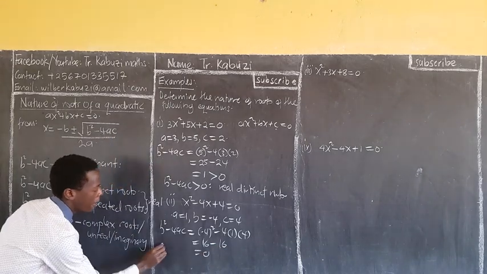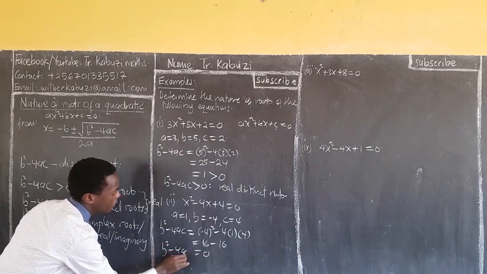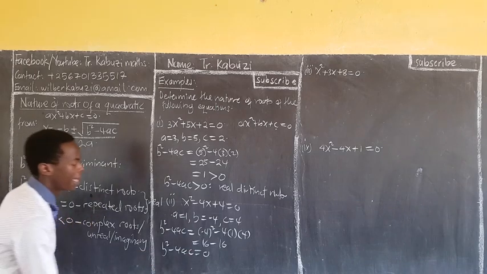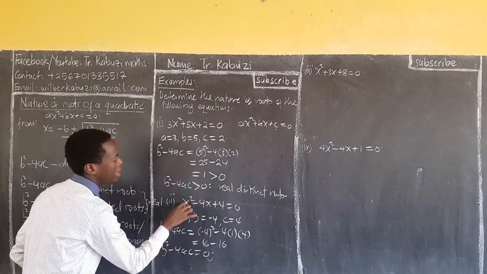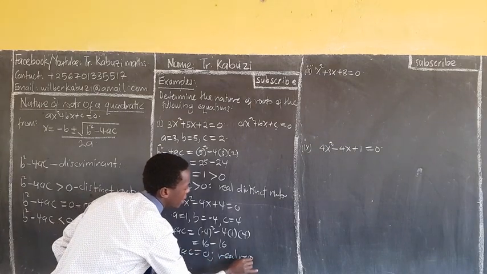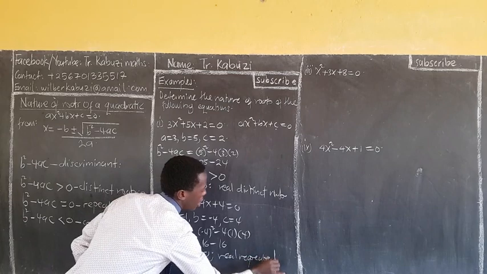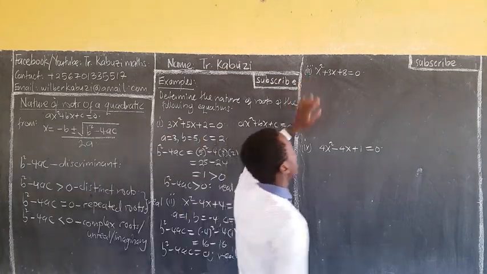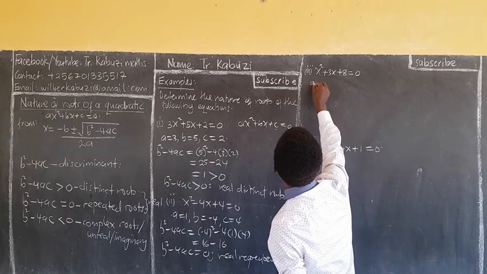So b squared minus 4ac is equal to 0. And if it's 0, we said this equation is going to give you real repeated roots.